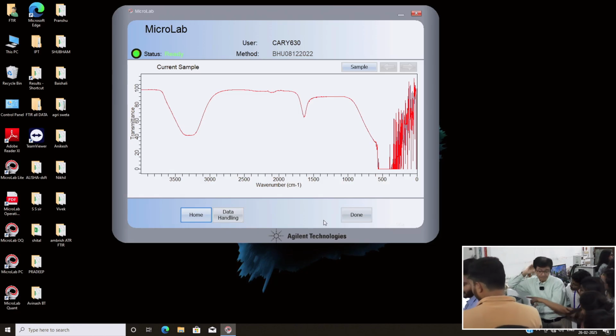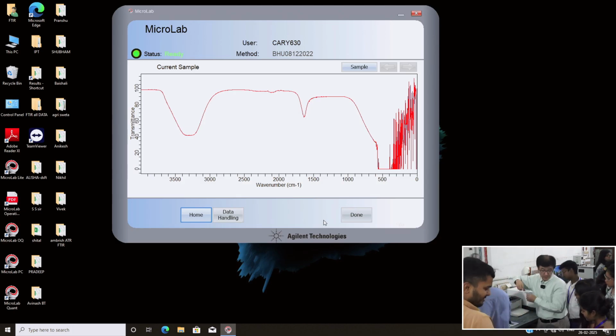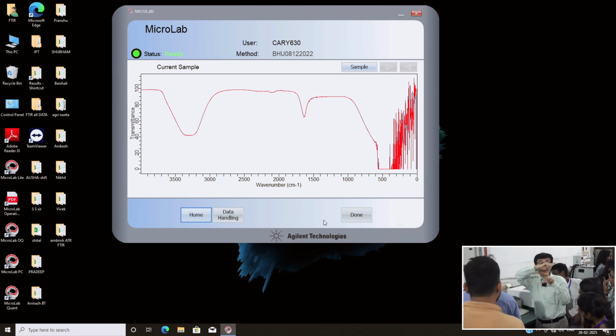Here is a prism, silicon or germanium. It is in general transparent in the IR region, but this is the lower limit of the transparency. So in this region, the IR light below 600 wavenumber does not pass through the prism. This measurement spectrum is obtained from I over I0.